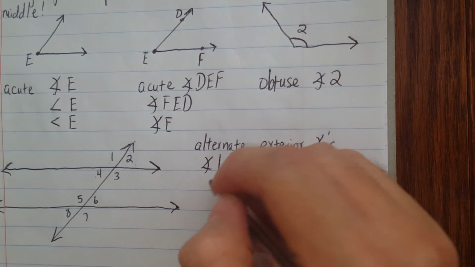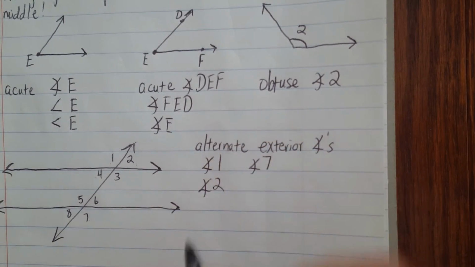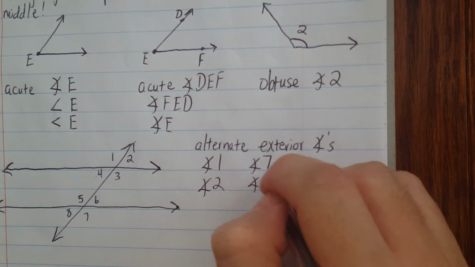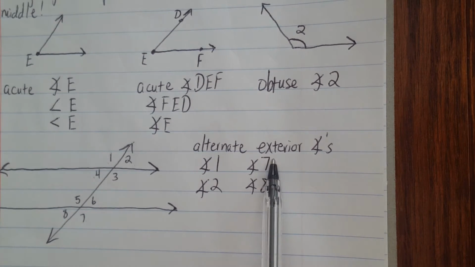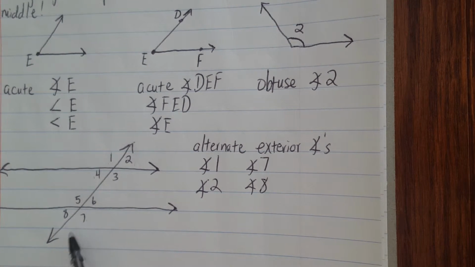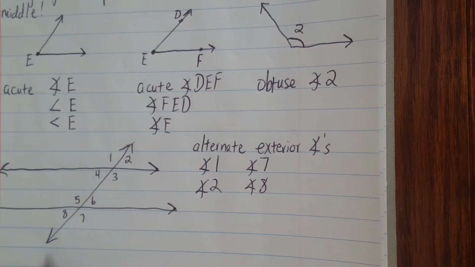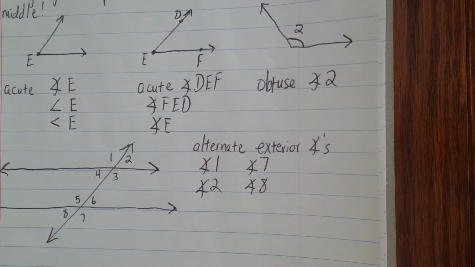Okay, so angle 1 and 7 would work, but there's more than that. We could also have, say, angle 2 and angle 8. So these are my alternate exterior angles right here, 1 and 7 being on opposite or alternate sides of this transversal, and 2 and 8. Now, what does that matter? What does that even tell us?